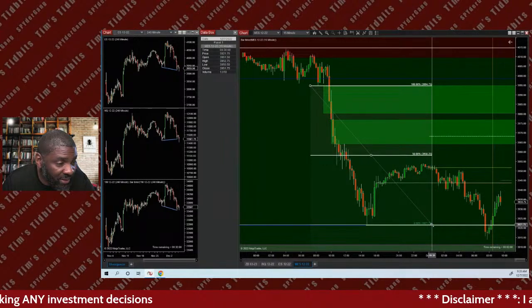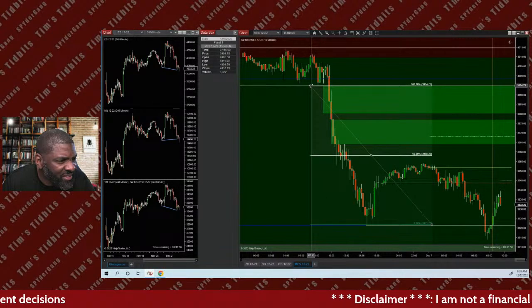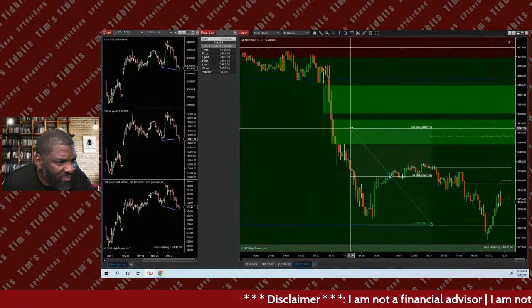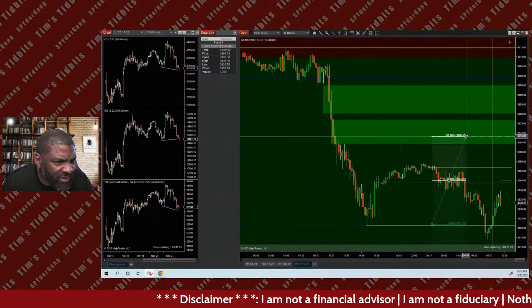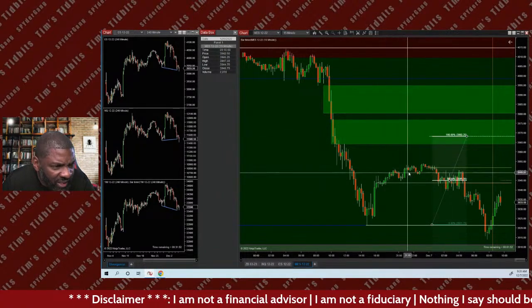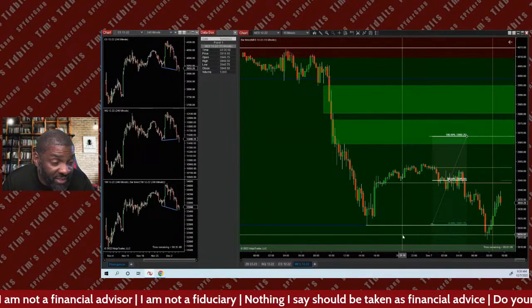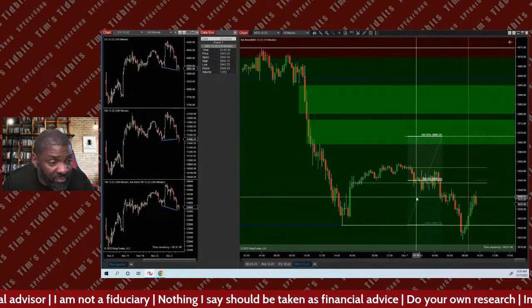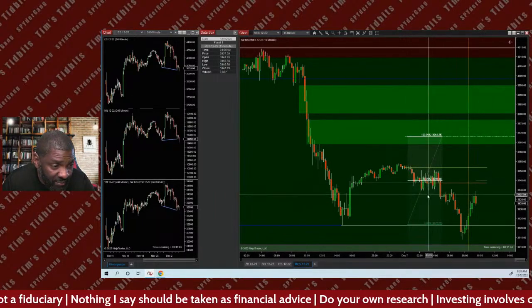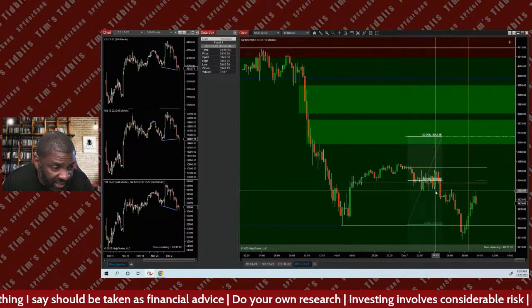Now, what was I saying? Oh yeah, we were talking about this right here. Okay, so it consolidated at the equilibrium of the discount, and then we got a breaking market structure to the downside, right?